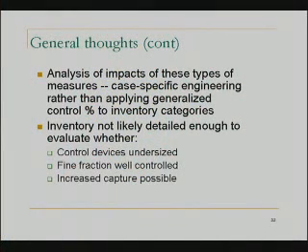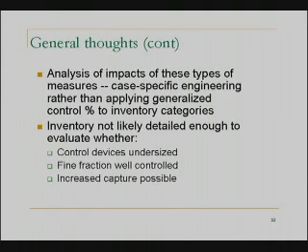Often, the analysis of the impacts of those types of measures really is, in my judgment, going to involve case-specific engineering studies at a plant, rather than applying some generalized control percentage to an emissions inventory category. Many of you familiar with SIP analyses are familiar with analyses which look at applying a type of control to a certain, say, SCC category, using that as the basis for modeling.